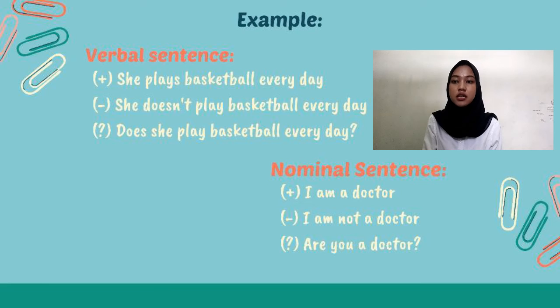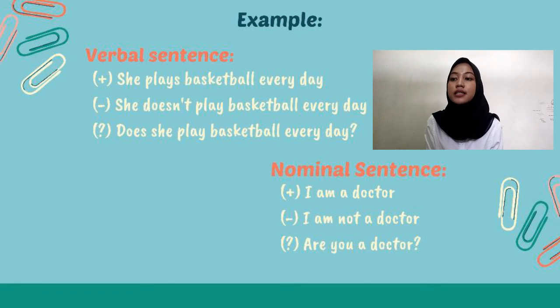For verbal sentence, she plays basketball every day. This is a positive sentence. Why do we use plays? Why don't we use play? Because the subject is she. If the subject is she, we use verb 1 with s or es. And then the next is the negative sentence.